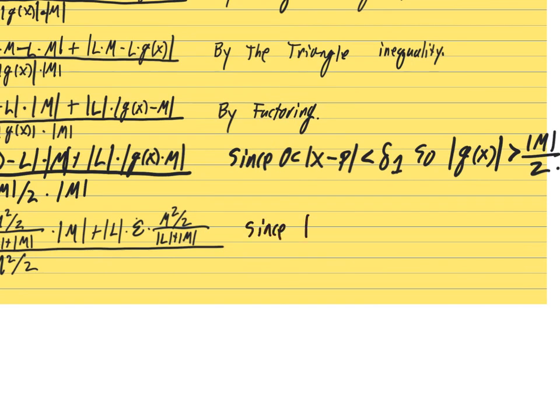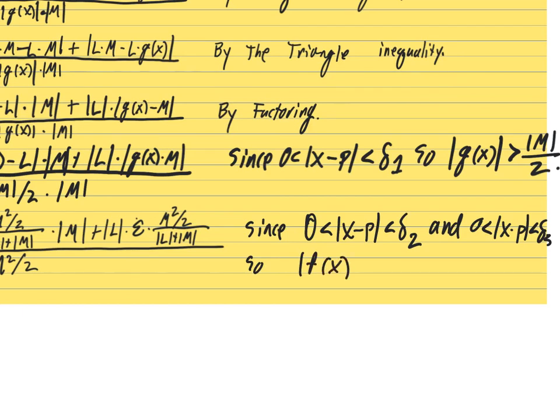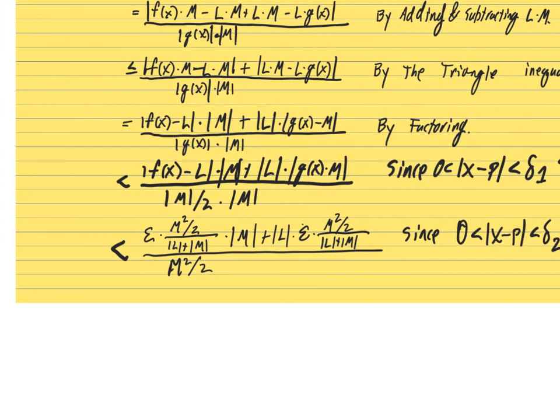Since 0 is less than the absolute value of x minus p is less than delta 2 rather, and 0 is less than the absolute value of x minus p is less than delta 3, so absolute value of f of x, don't even want to include that, because that choice of delta implies that f of x minus L is less than this, and absolute value of g of x minus m is less than that.